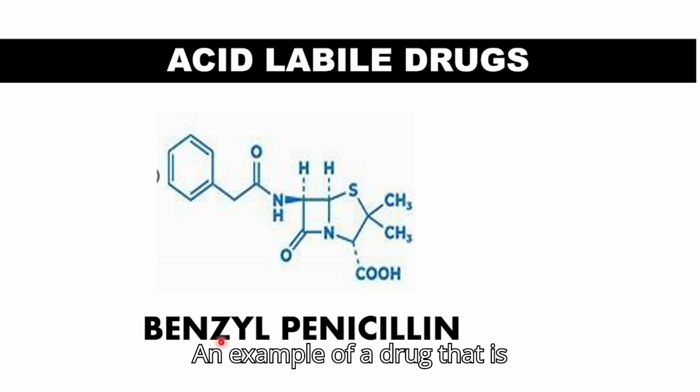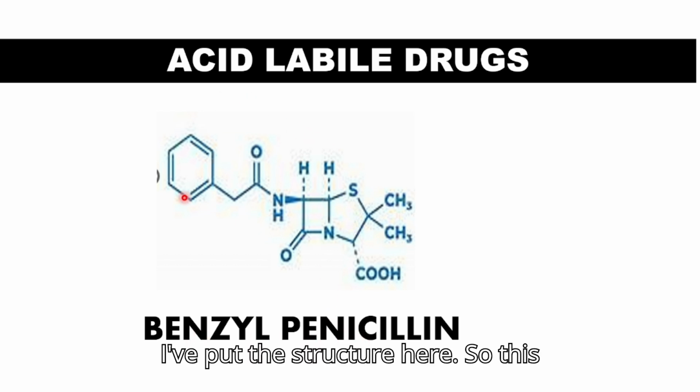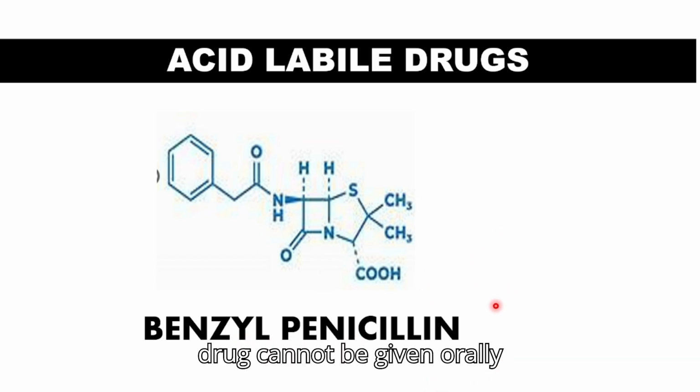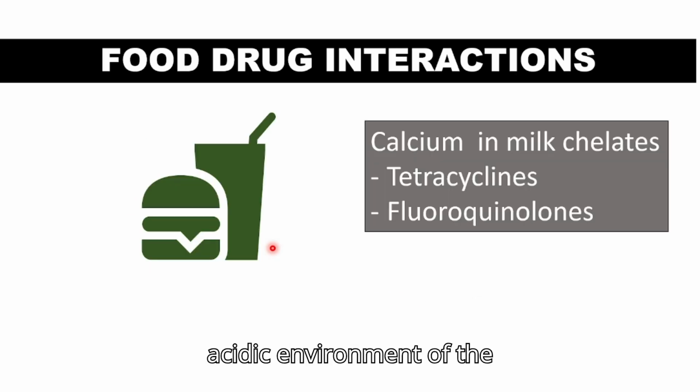An example of a drug that is acid labile is benzyl penicillin. I've put the structure here. So this drug cannot be given orally because it is destroyed in the acidic environment of the GIT.